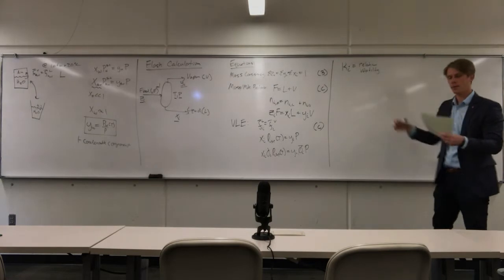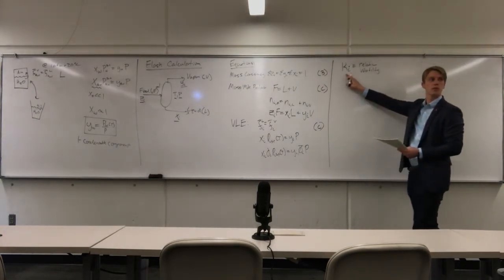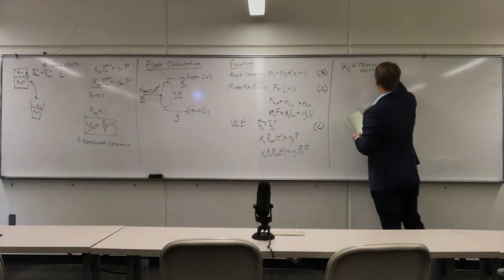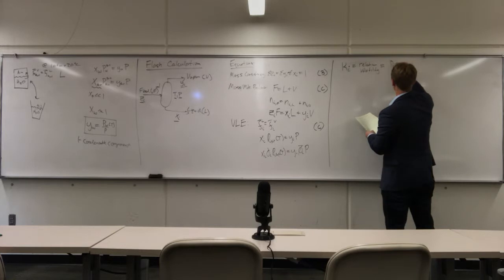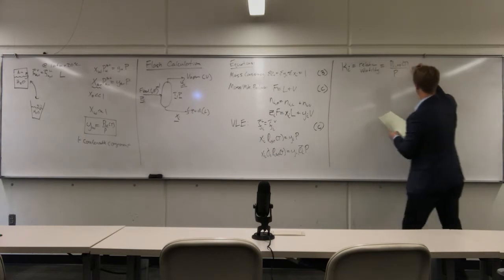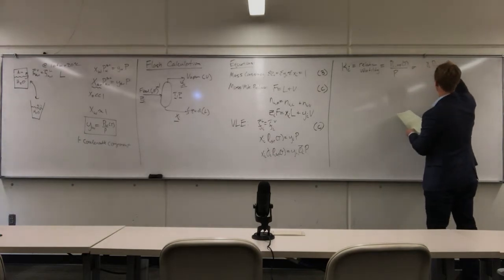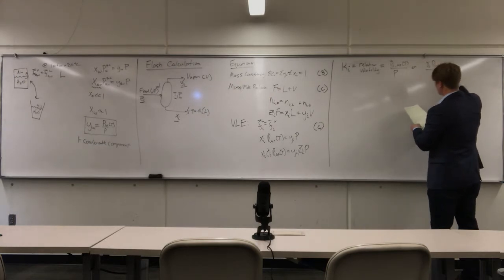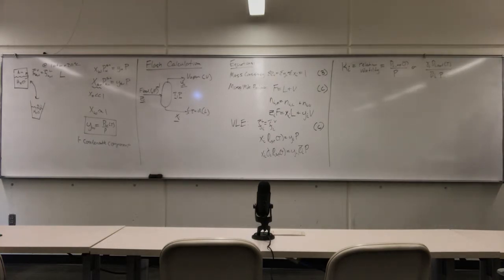This is a common way to solve vapor-liquid equilibrium. It will sometimes be compiled into a chart, so you can just look it up. For Raoult's law, this will be equal to the following, or for non-ideal systems, we can calculate it this way.